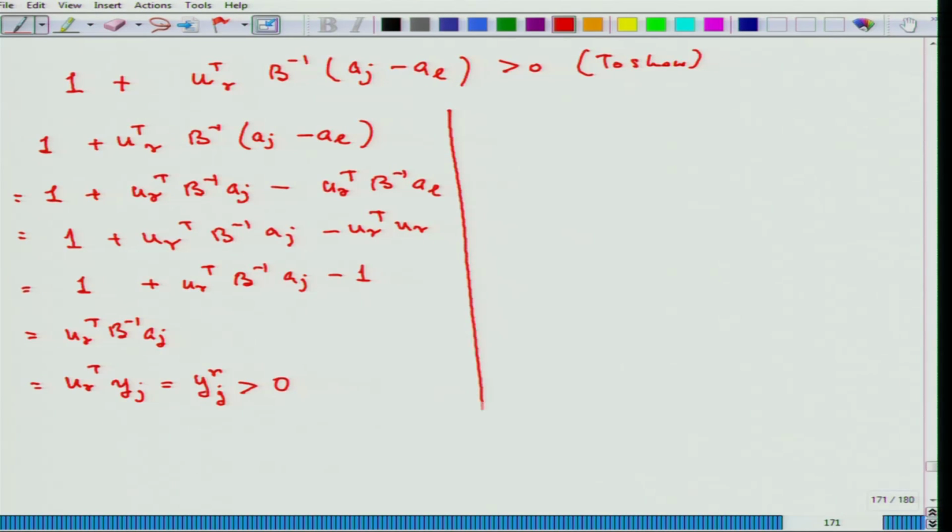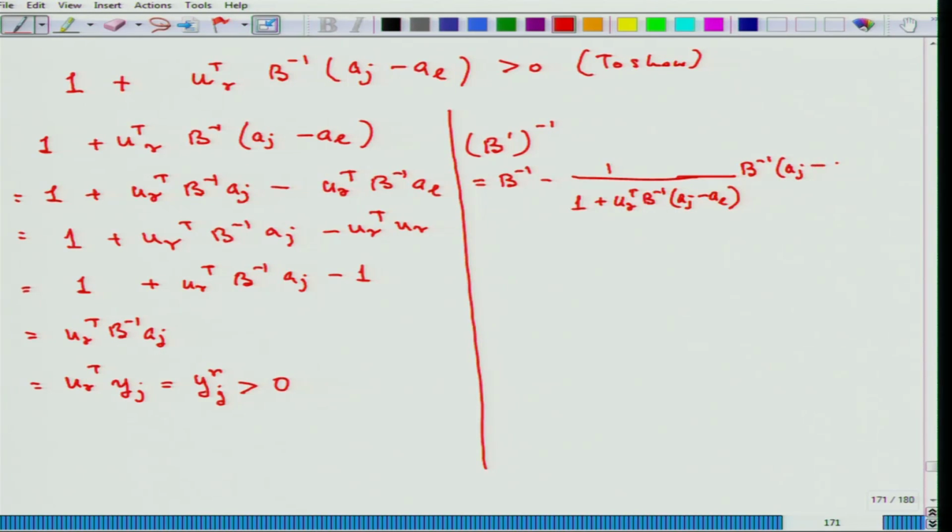Now, we use the updating formula to compute B dash inverse, which by the updating formula is B inverse minus. This is exactly the formula, right.